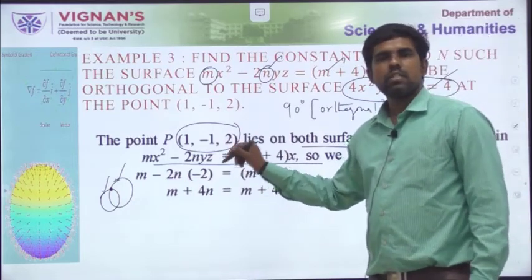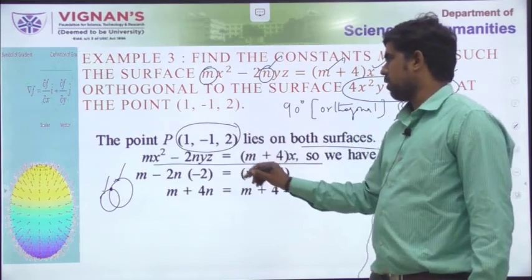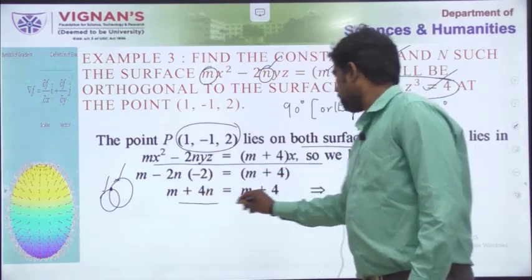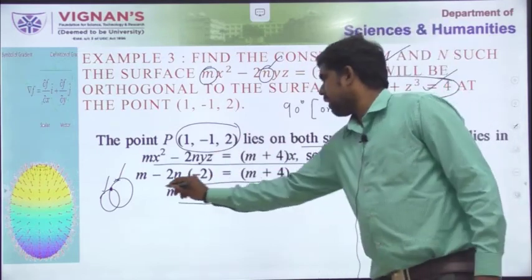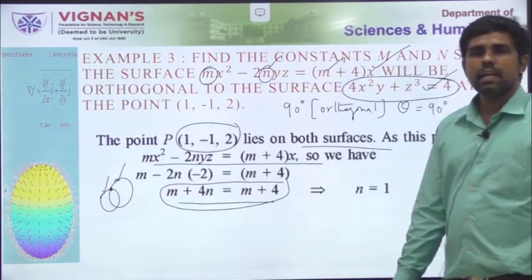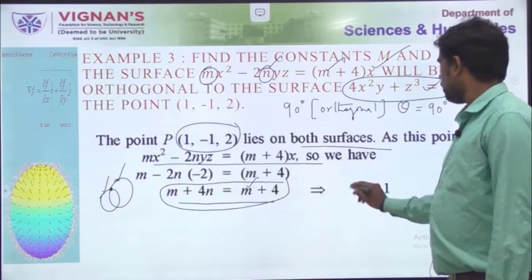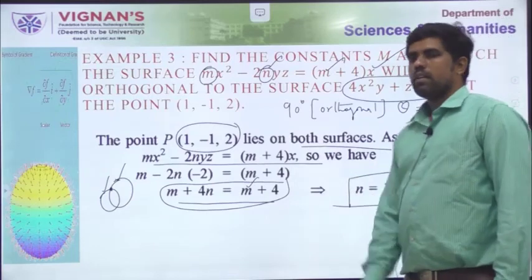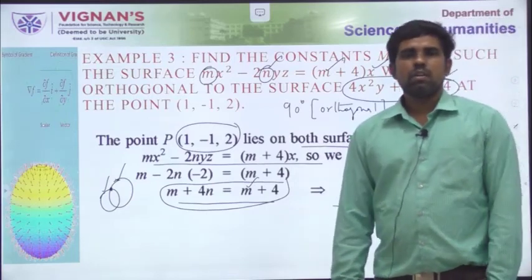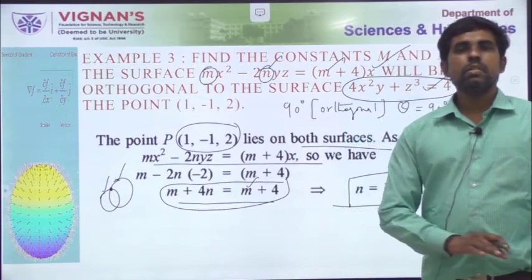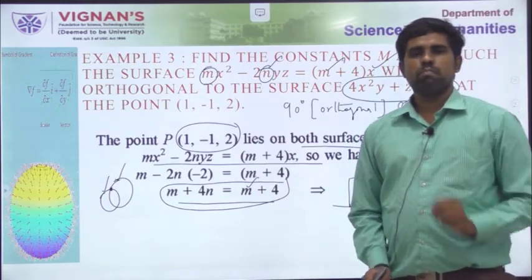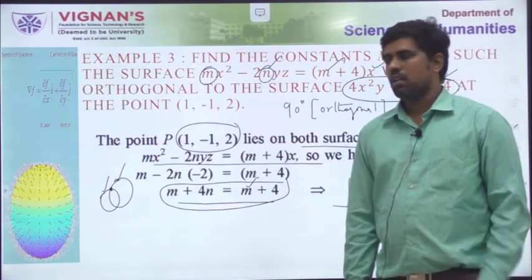So the first surface is having m and n, I am substituting. So after all substitution you will get an equation in terms of m and n, but I know the value of m already, m is equal to 5. By using that you can find n is equal to 1. So in this way you can find the missing terms. So we are using two results.